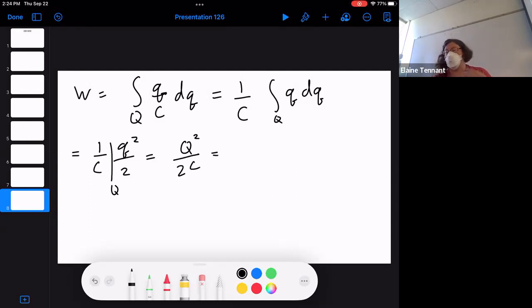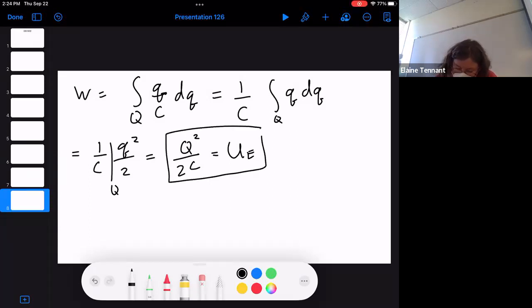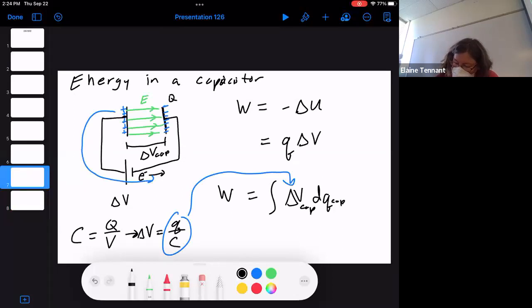And that is the amount of work being done by the capacitor, which means that's also the amount of potential energy in a capacitor, since the amount of work being done equals the change in potential energy.